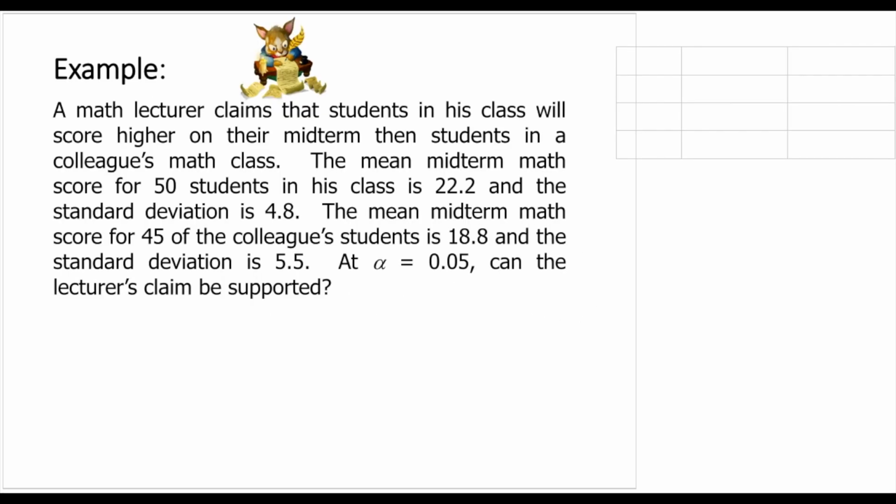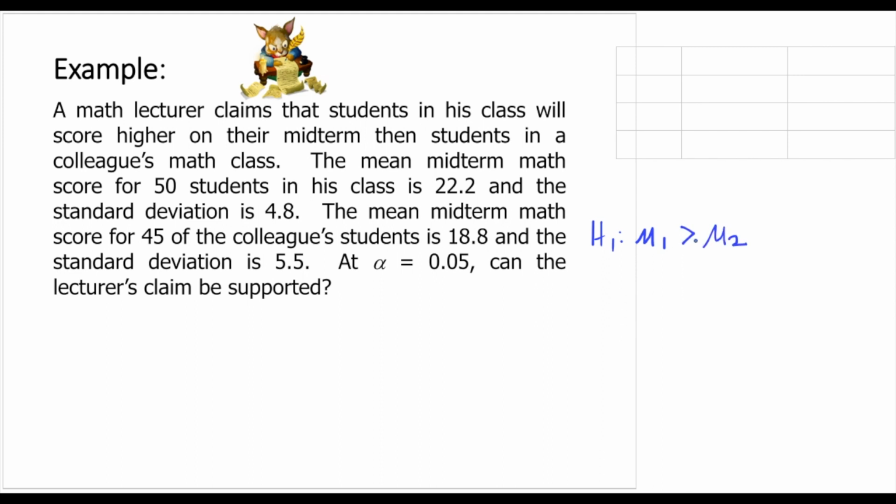Let's look at this example. A math lecturer claims that students in his class will score higher on their midterm than students in another colleague's math class. Definitely, we already know the alternative hypothesis, which is that the scores of his students are higher than the scores of his colleague's students. So mu 1 is greater than mu 2.